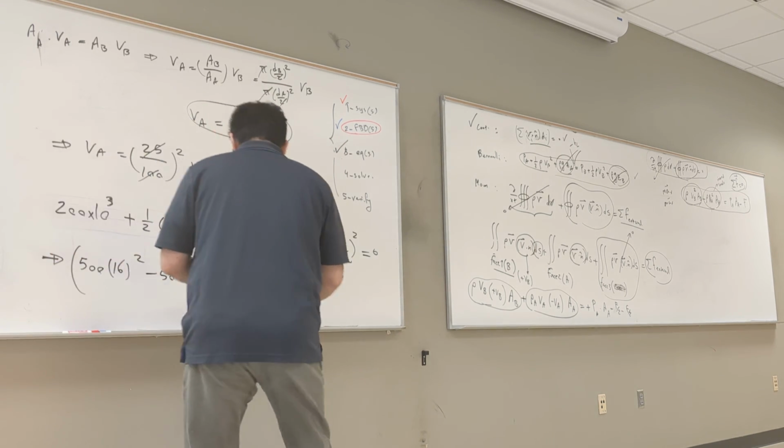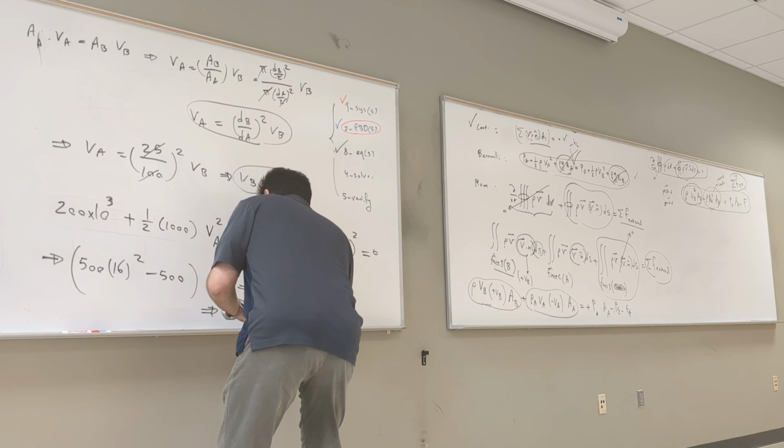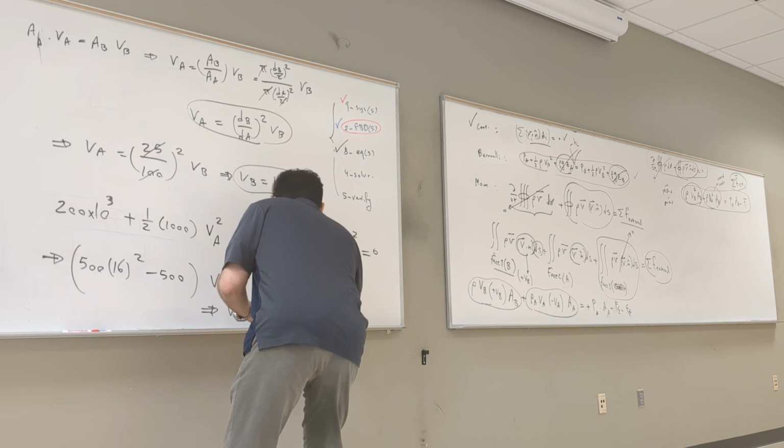So you get VA is equal to 1.252 meters per second.